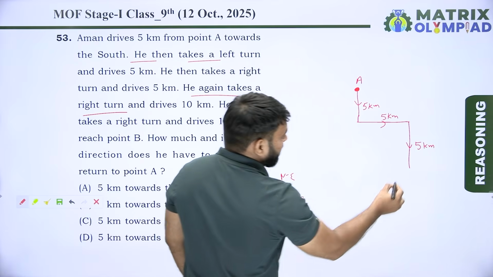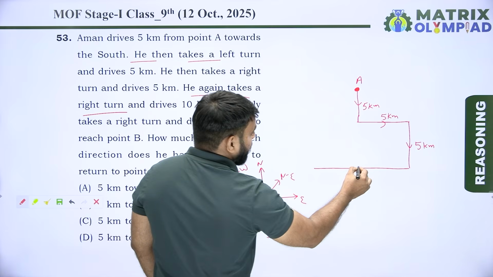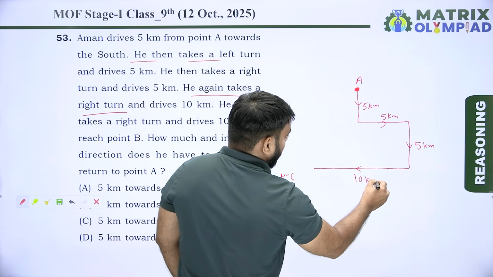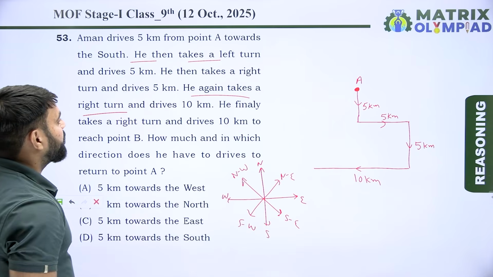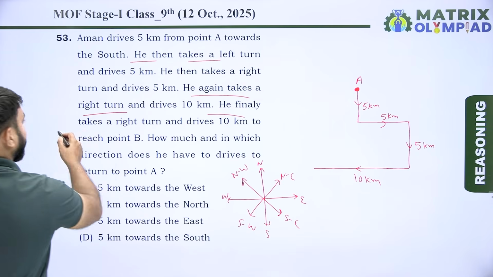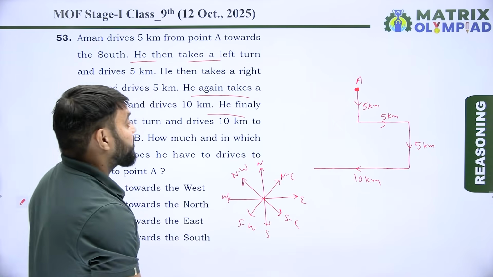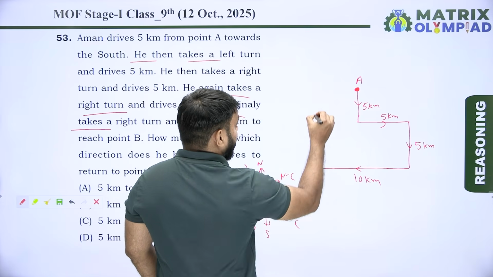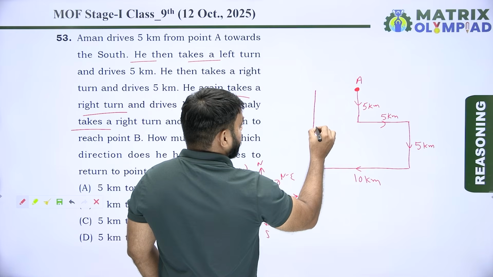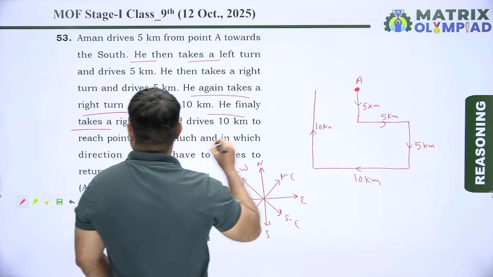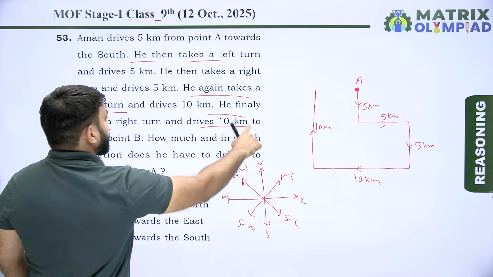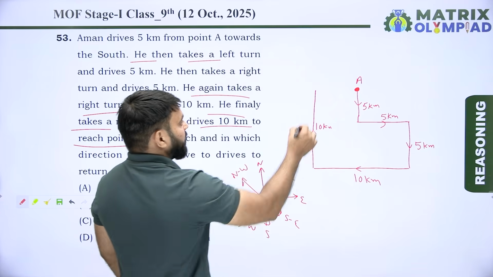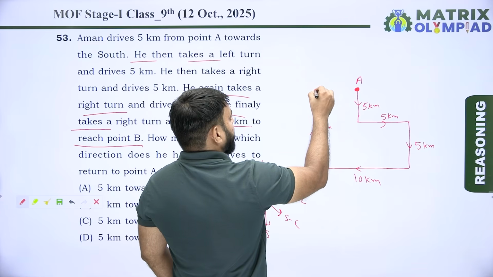Again he takes a right turn and drives for 10 kilometers. He finally takes a right turn and drives 10 kilometers to reach point B.